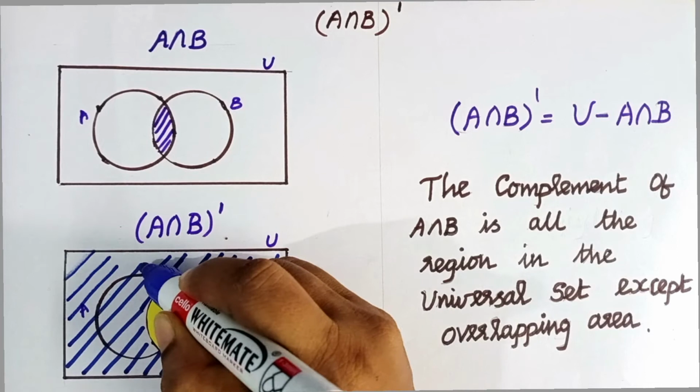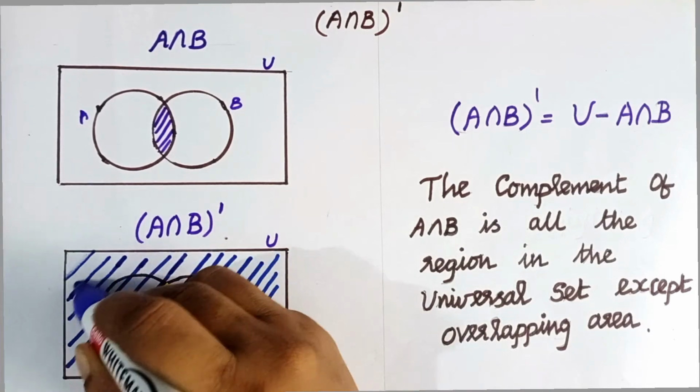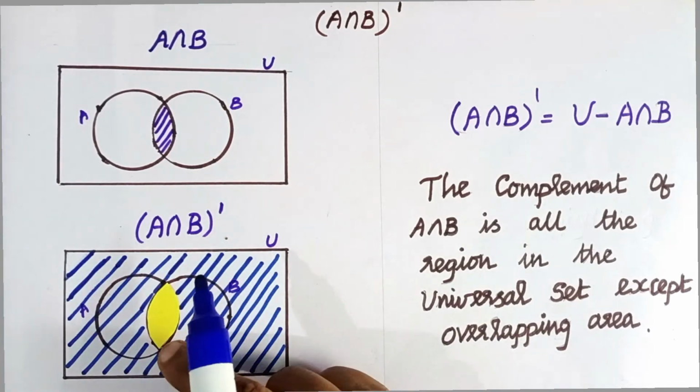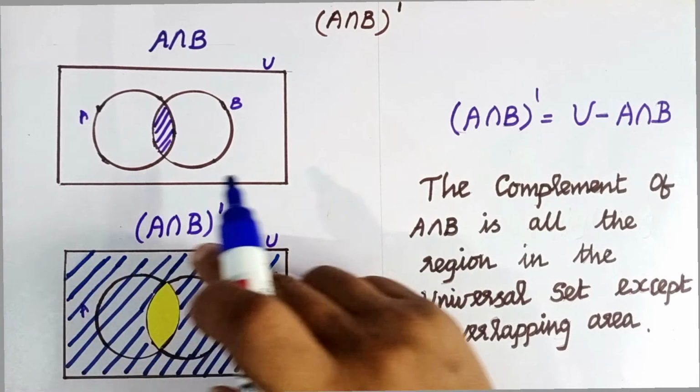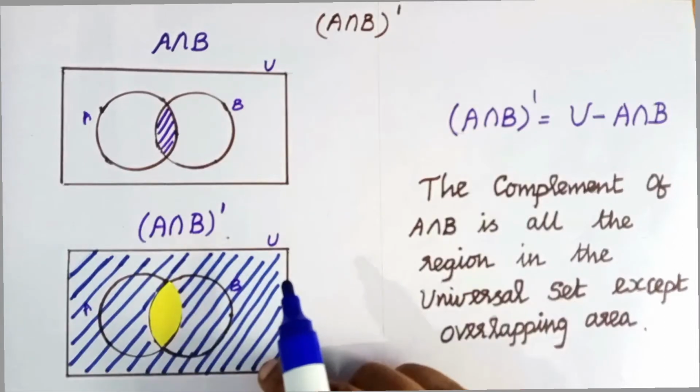So this is the A intersection B whole dash part. Removing this overlapping area, we shade all the region in the universal set.